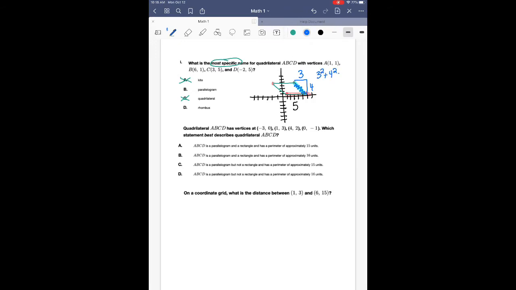So that's going to be 3 squared plus 4 squared equals c squared. So we're going to have 9 plus 16 equals c squared, which is 25. Well, we're going to take the square root, and the square root is 5. So that means that this side is 5. Well, if that's 5, then that's 5, and that's 5. So they're all the same, which makes this, the most specific name is a rhombus.